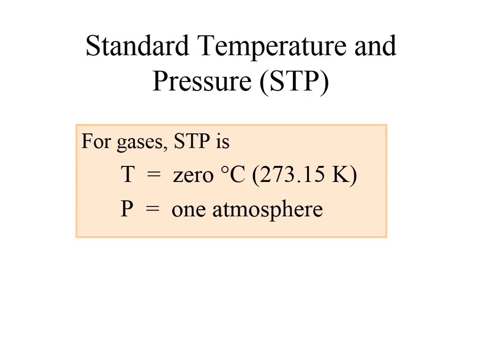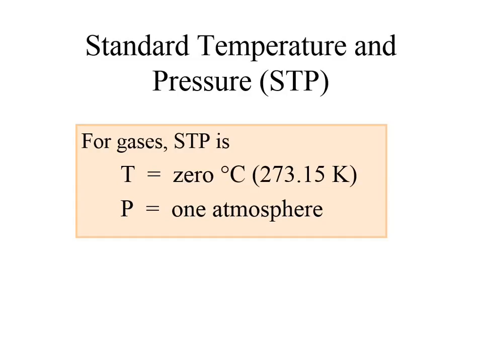The standard temperature for gas problems is 0 degrees Celsius. The standard pressure is 1 bar for thermodynamic problems, which is similar, but for gas problems it's 1 atmosphere. So anytime they talk about STP, standard temperature and pressure, for gases, they're talking about that temperature and that pressure.